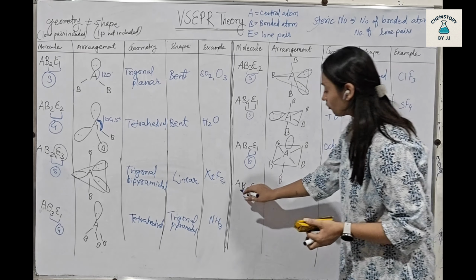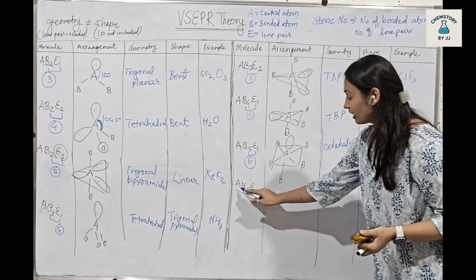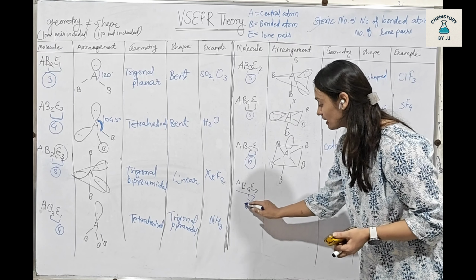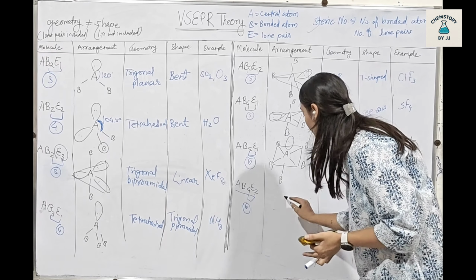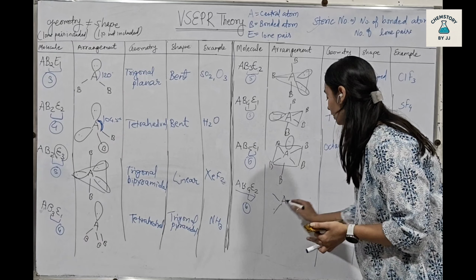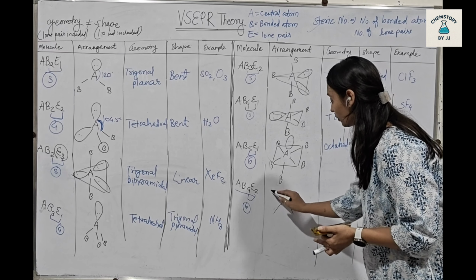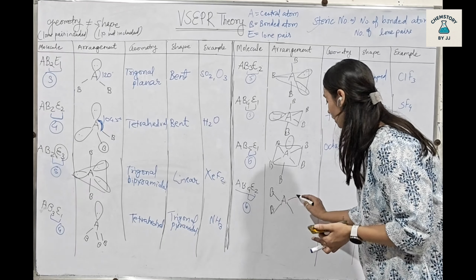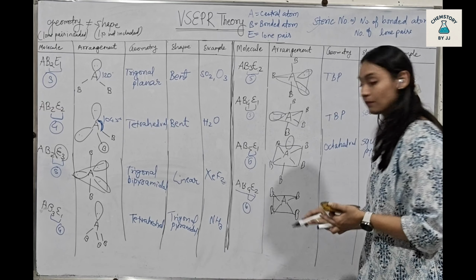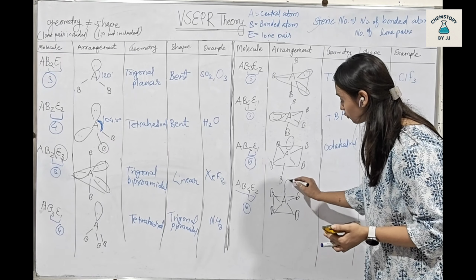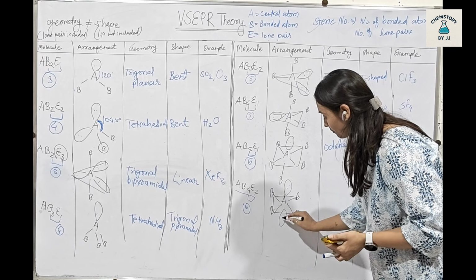Right. Now for this molecule, AB4E2. The steric number is 6. Again, the geometry is going to be octahedral. Draw A, and it's very easy. We are going to place our 4 B's in a square within a plane, and 2 lone pairs at top and bottom.